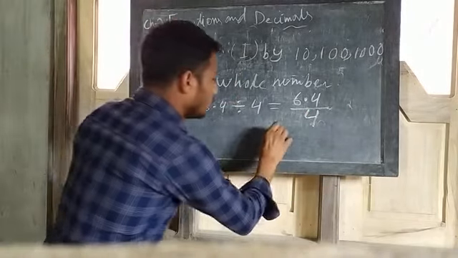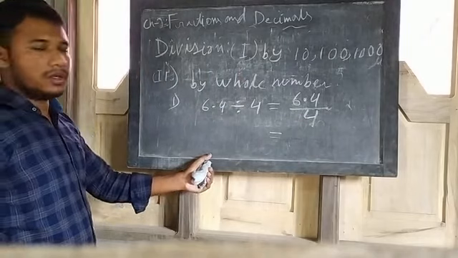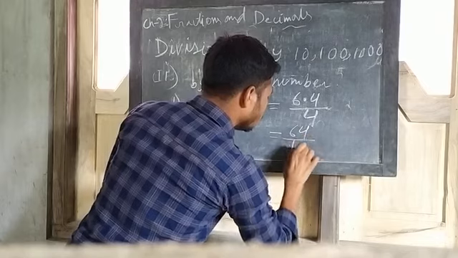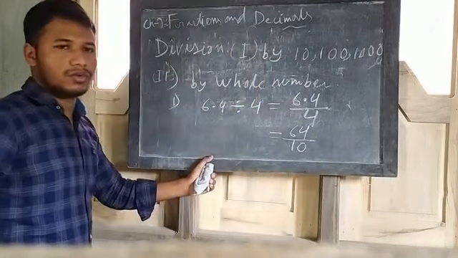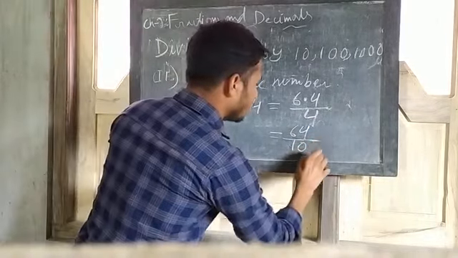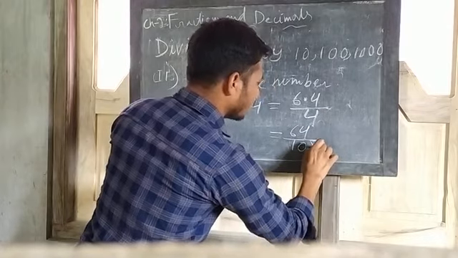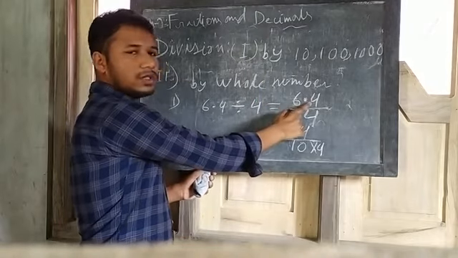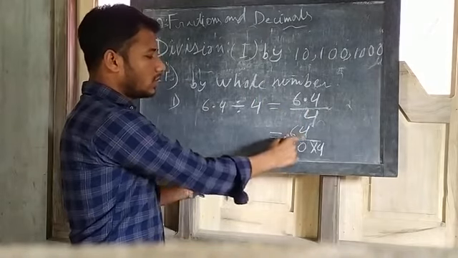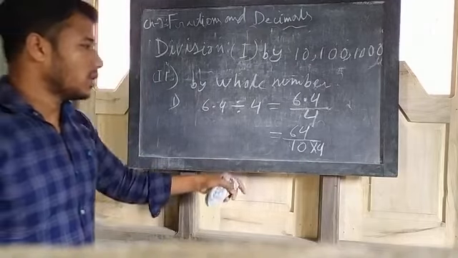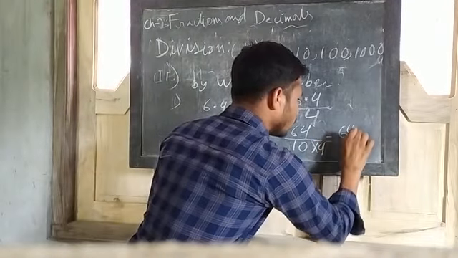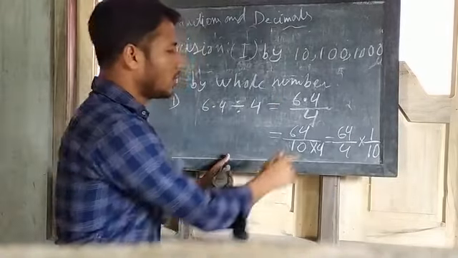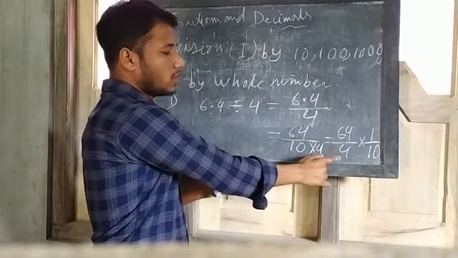Now how to do? See here, 6.4 we can write 64 by 10. Okay, and that is divided by 4. We had 1 digit after the point, so we can write 64 by 10. Now we have to divide these numbers by 4, by this whole number.